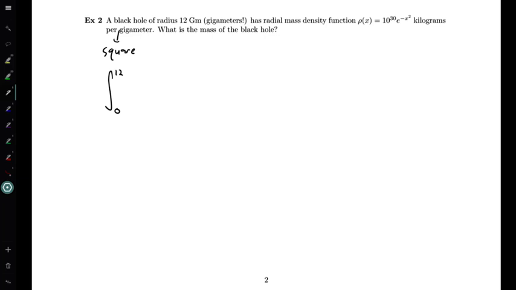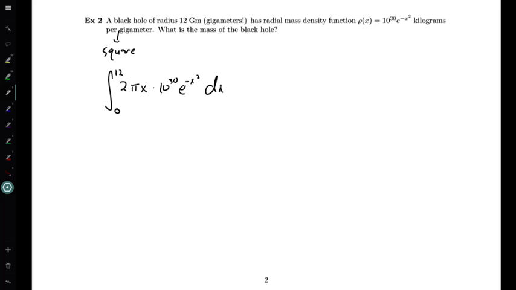We have this radial mass density function, rho of x equals 10 to the 30 e to the minus x squared kilograms per square gigameter. So what we want to do here is integrate 2 pi x times rho of x. Well, rho of x is 10 to the 30 e to the minus x squared, and we want to integrate with respect to x here.